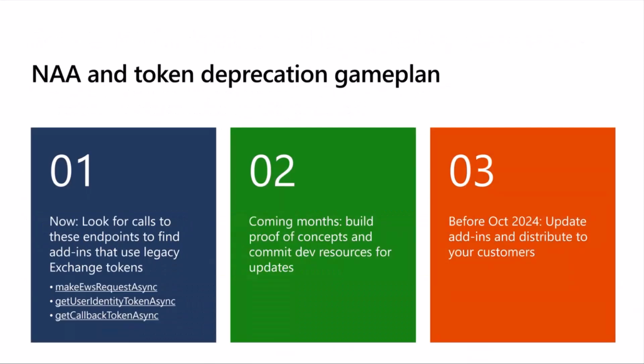So this goes into a little more detail. Right now, probably the most important thing to do is to figure out: is your add-in affected by this change, and is your add-in using these legacy exchange tokens? The easiest way to do this is to look in your add-in code for places where you're calling any of these three endpoints that are on the bottom left there.